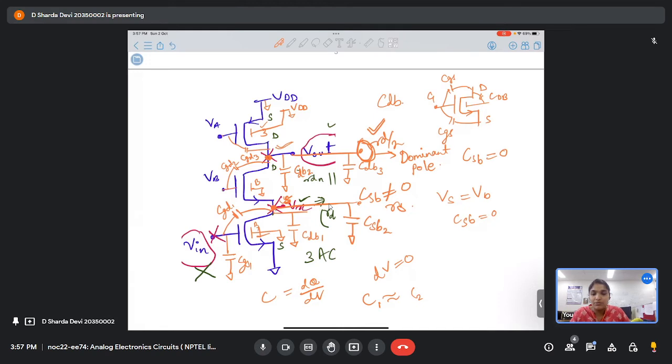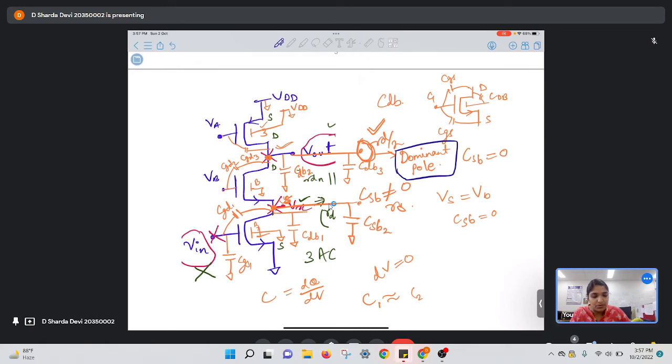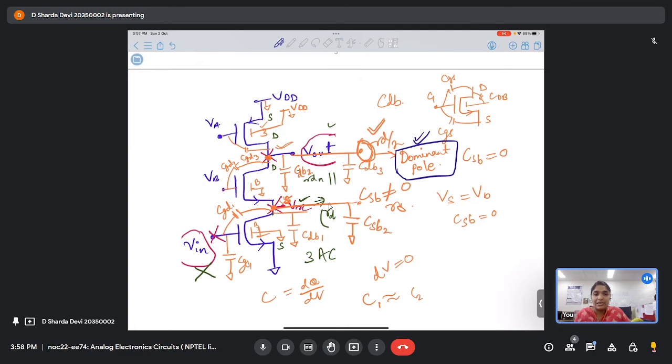It is one of the most critical pieces of information required for your circuit. Even to analyze its stability and bandwidth, you'll require this dominant pole. That's why it is very important to understand the concept of the dominant pole. So did you get how we analyze dominant poles?